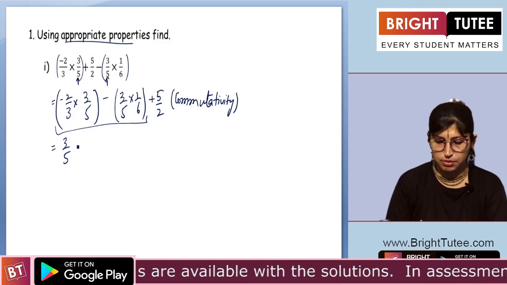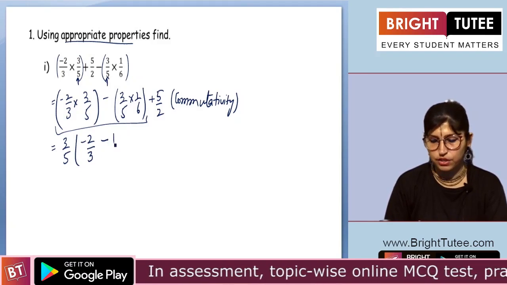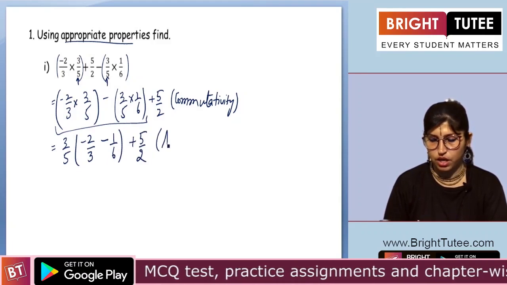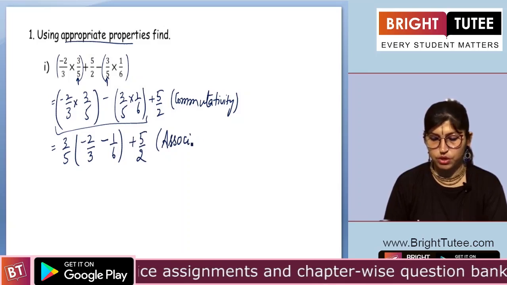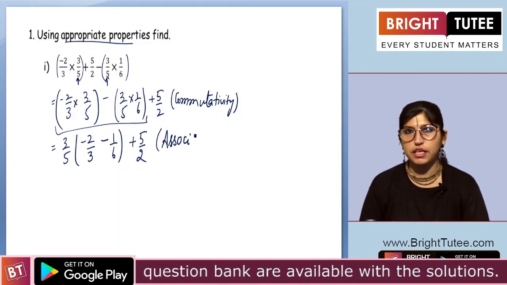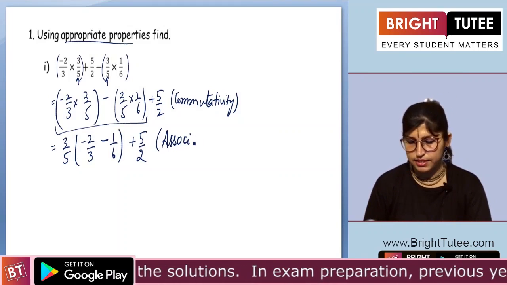So after taking 3 by 5 common, we will be left with minus 2 over 3 minus 1 over 6, and we did it by using associativity, wherein we know that A times B minus A times C will be taking A common and in brackets will be left with B minus C.